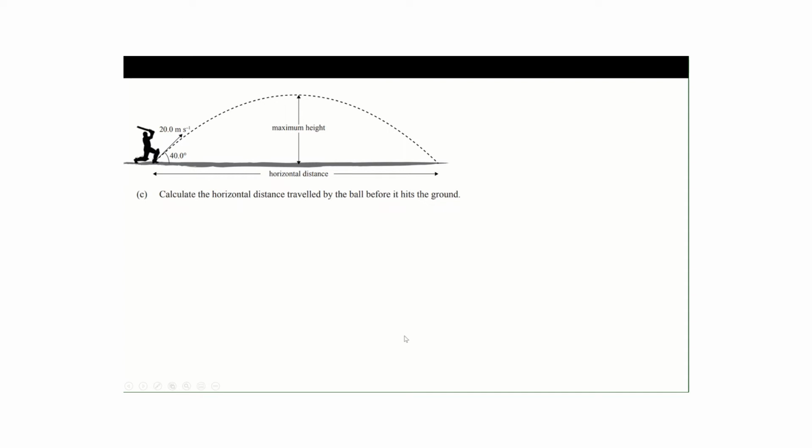Part C. This time, calculate the horizontal distance travelled by the ball before it hits the ground. For this, we need Vx, the horizontal velocity, and we need the time of flight. Now, the time of flight equals twice the time to the top.